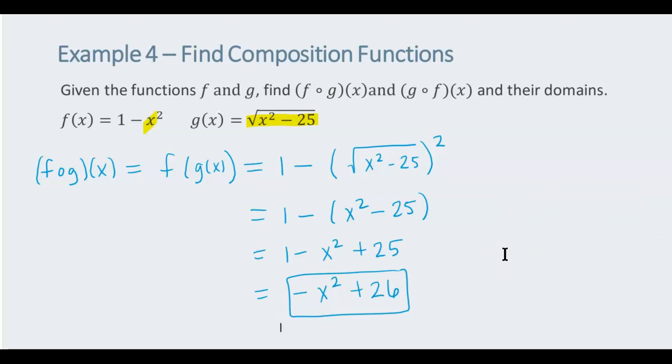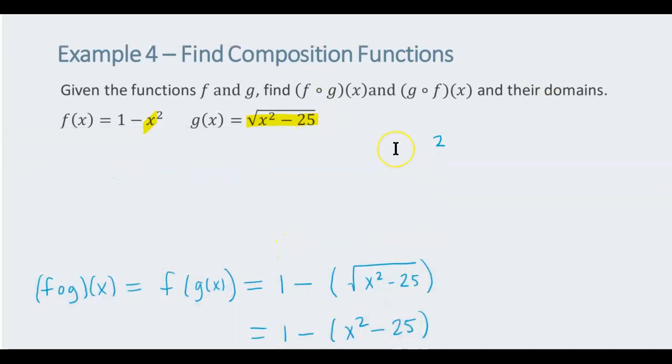Looking at this, this is a polynomial. So the domain of this new function is all real numbers. And for the function that was plugged in, g of x, we need to think about what the domain of that function is.